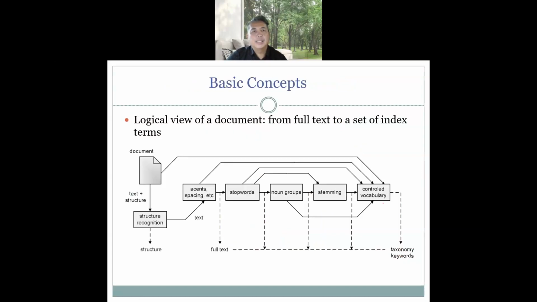Okay, so the logical view of a document, because our aim is to have this vocabulary. As I mentioned just now, we are looking at the important words only, so we do not want stop words. These are the phases or pre-processing steps that we need to do. The first thing is, when we receive the document, we have to know the structure.